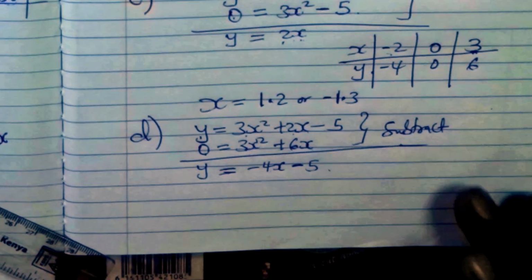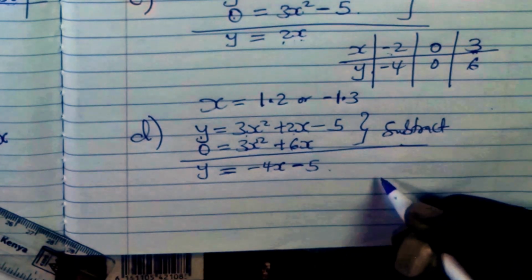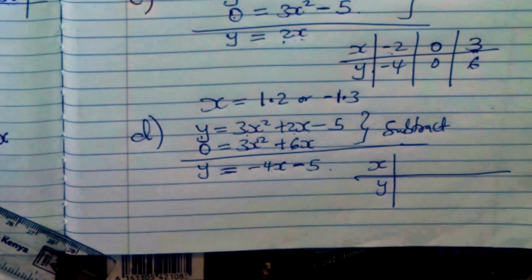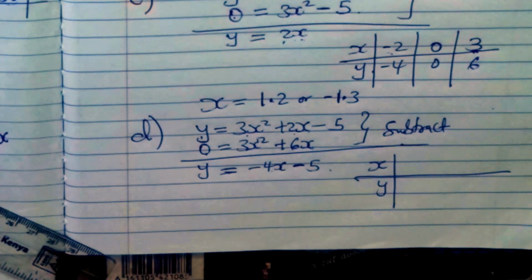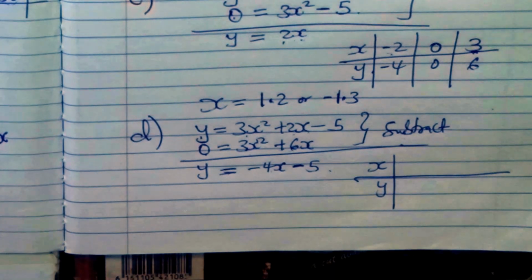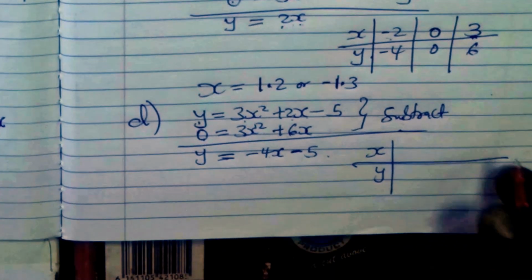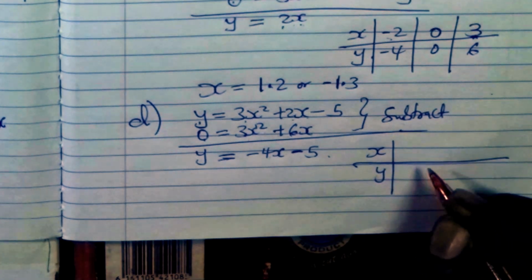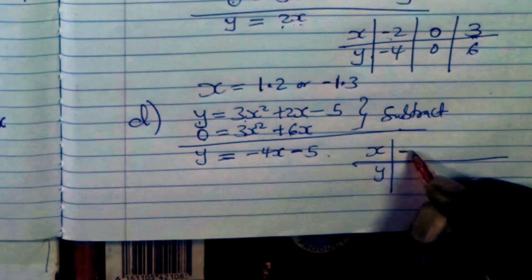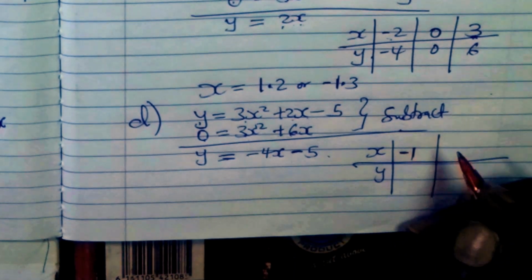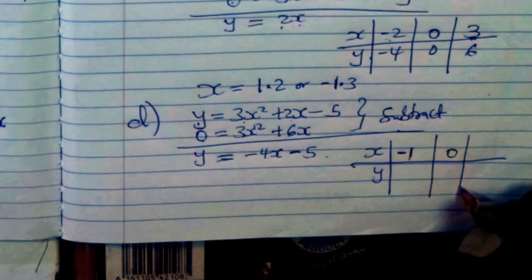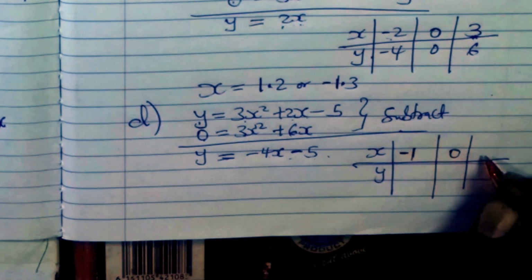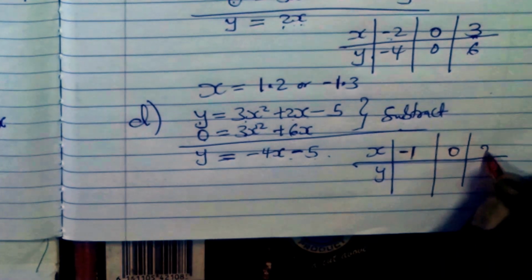Again, we do the same by making a table for the corresponding values of x and y. In this case, again, we choose points near the origin. We can have minus 1, we can have 0, and we can have say 2.